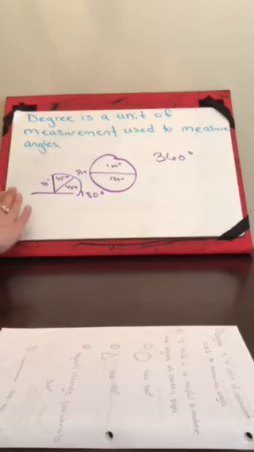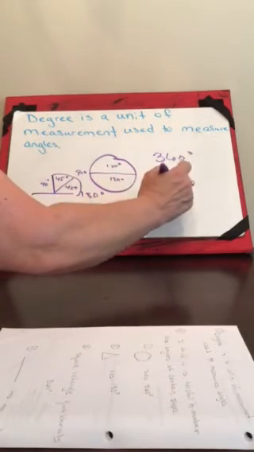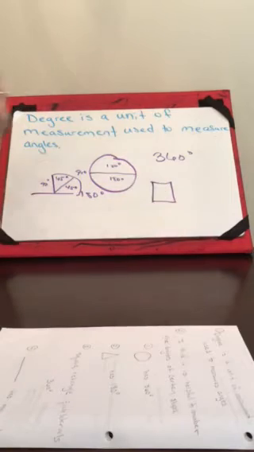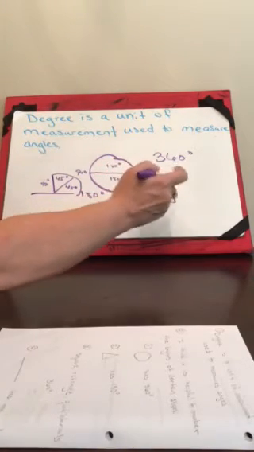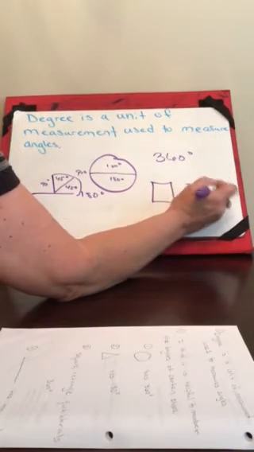And also, another important shape to remember is that all quadrilaterals, that's a perfect square, all quadrilaterals also have 360 degrees, okay?